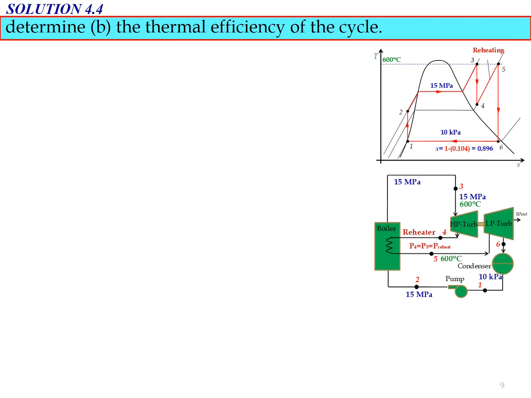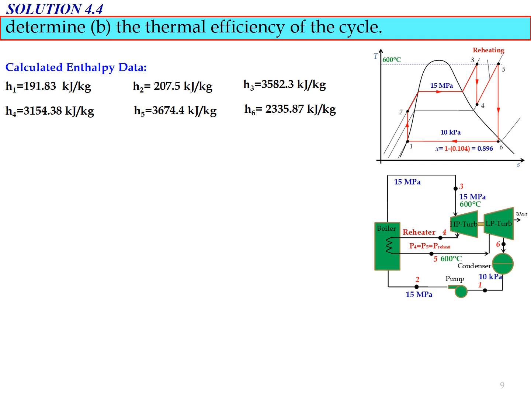Okay, so we already determined all the important values in terms of enthalpy for all states from state number 1 to state number 6. So now we can answer question B, where we need to determine the thermal efficiency of the cycle.